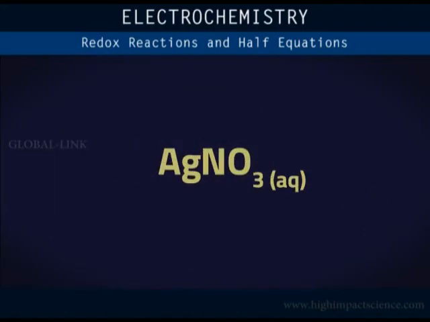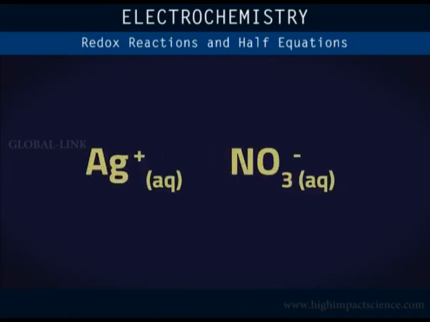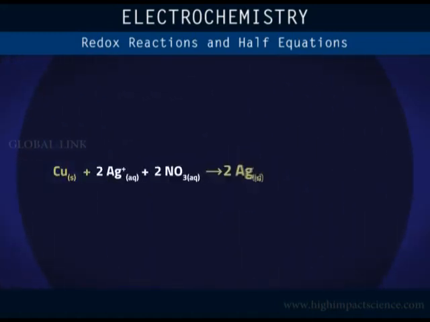The silver nitrate is an ionic compound containing silver and nitrate ions. So here is the equation again, with all the ions shown separated. The copper metal has been oxidized because it has lost 2 electrons to form copper-2 ions.